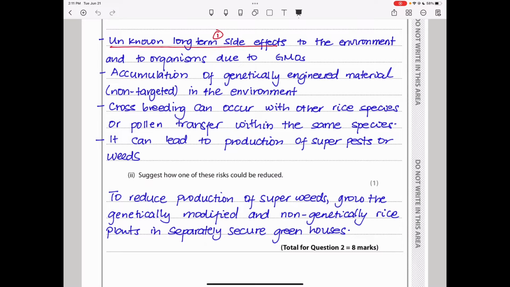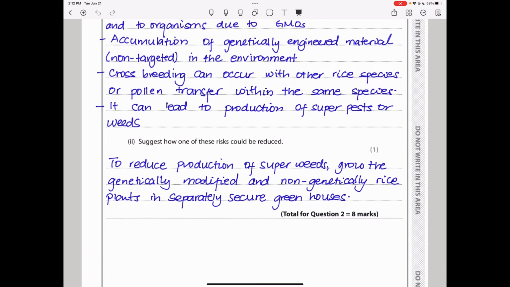So grow them separately. The modified and the non-modified should never be mixed in order to prevent mixing up of genetic material in the environment. This brings us to the end of question 2. I will go on to question 3.